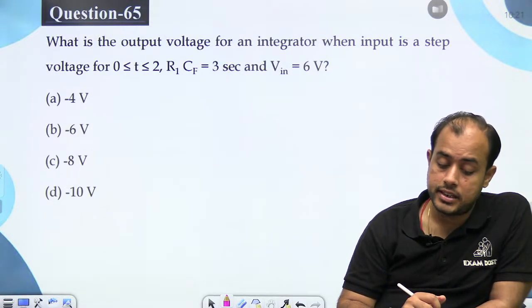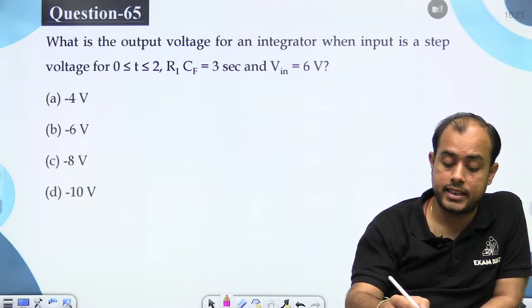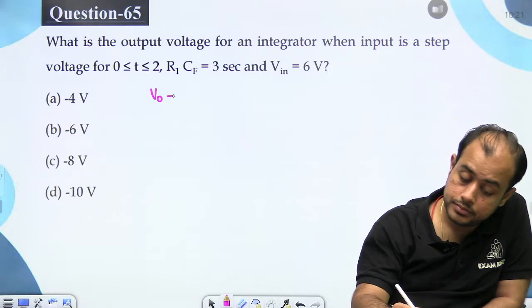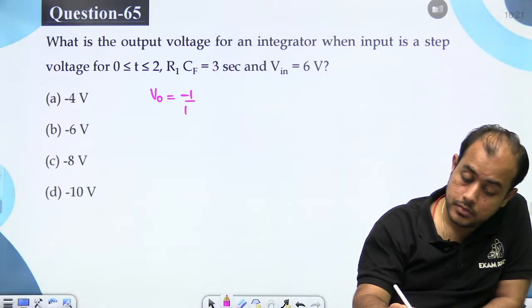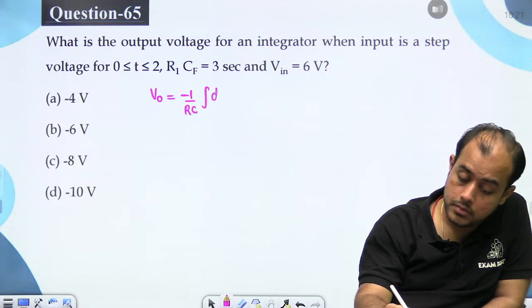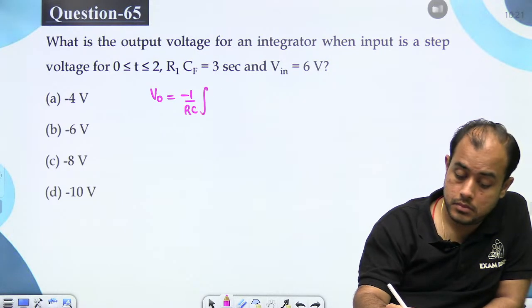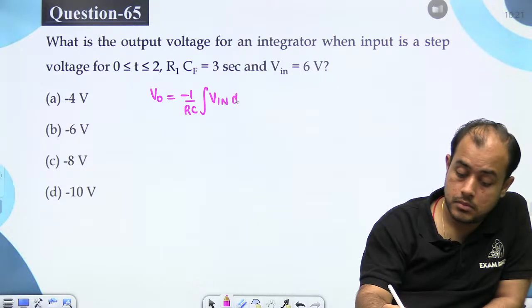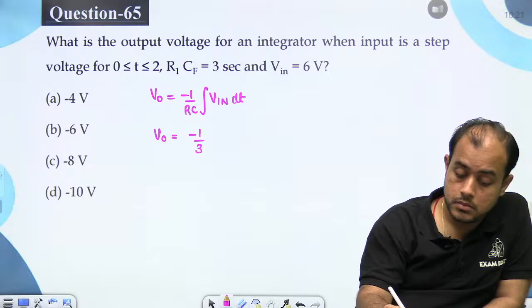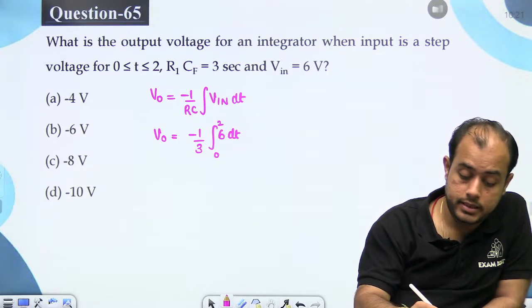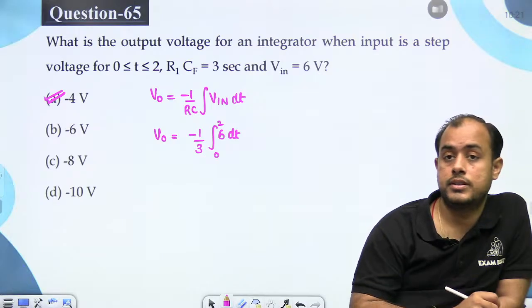ESE 21, output voltage of integrator. Twelve by 3 minus 4. Very simple.